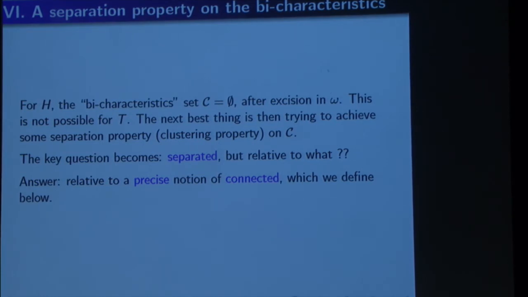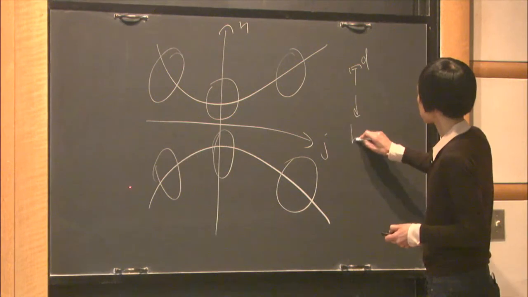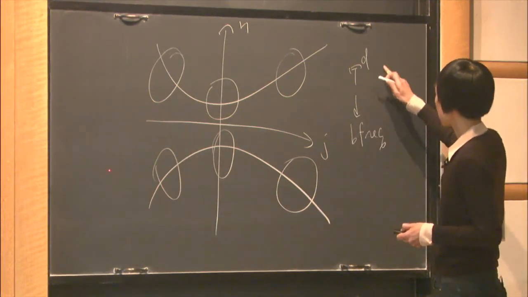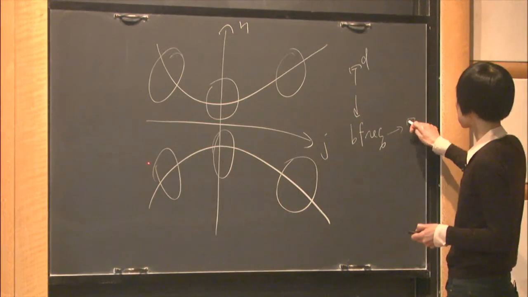Just in terms of general philosophy, the traditional Anderson model, you have some kind of a lattice. The original problem is on the T^d lattice, and then I have b frequencies, so I have mapped to this also T^b.